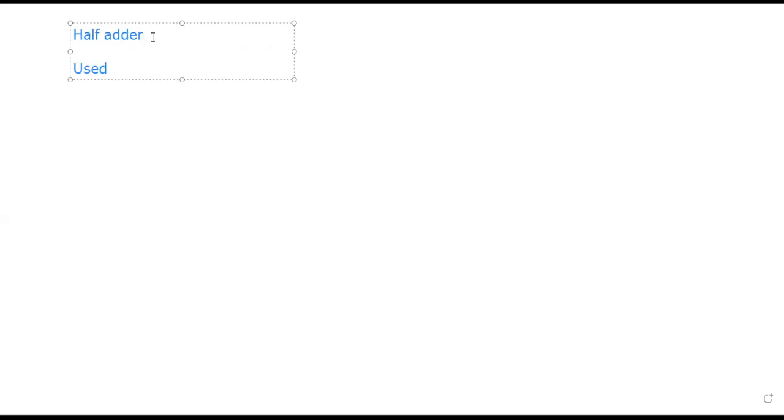Once I start to explain the full adder, you will understand why, so wait patiently for that moment. Here the half adder is used to add two binary numbers.